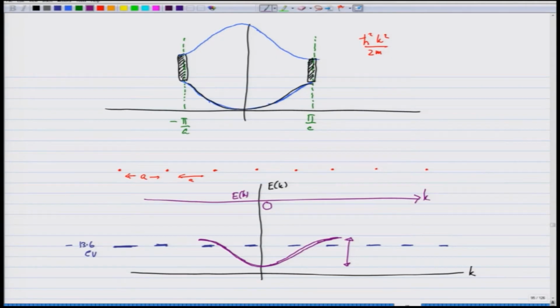Let us say, for example, it could be from minus 17 eV to minus 10 eV. So, there is a band of 7 electron volts which is formed. All the energy levels that were there are going to fall in this. So, there is an energy level here, here, and here as a function of k. Notice that Bloch's theorem said that the wave function depends on k, which is a quantum number that specifies the state.